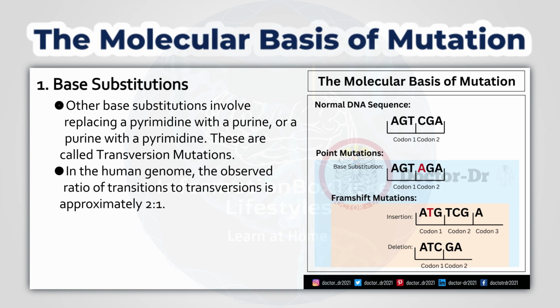A. Silent mutations. B. Missense mutations. C. Nonsense mutations. A. Silent mutations. Silent mutations, also called synonymous mutations, occur when the nucleotide sequence changes, but the amino acid sequence remains unchanged. These mutations frequently arise from alterations in the third position of a codon, where redundancy in the genetic code often masks the effect.